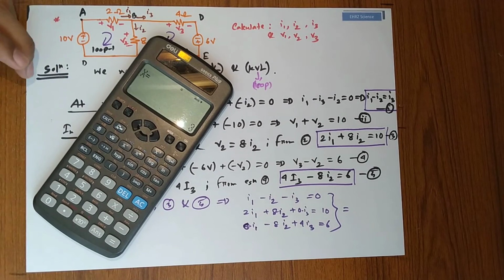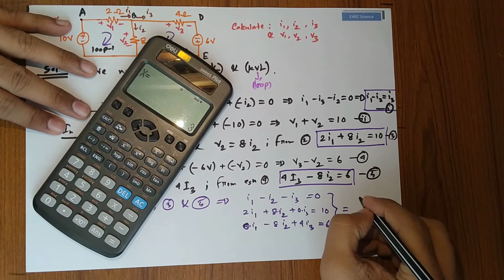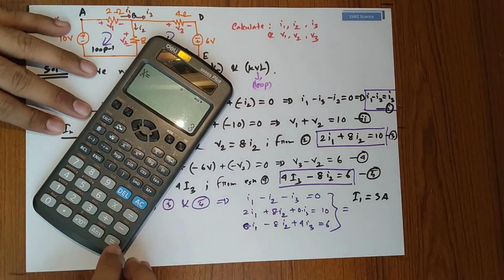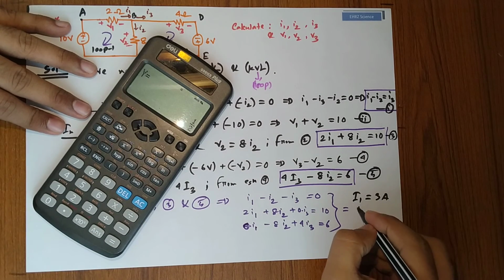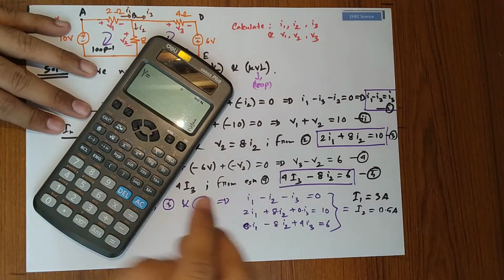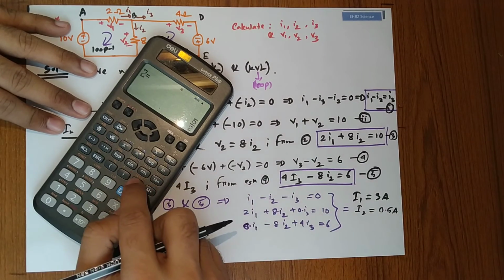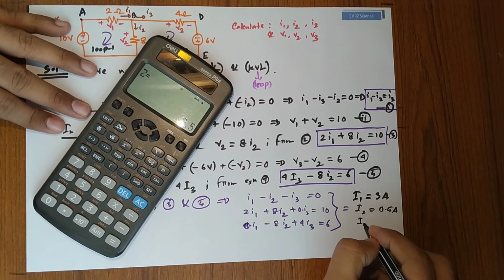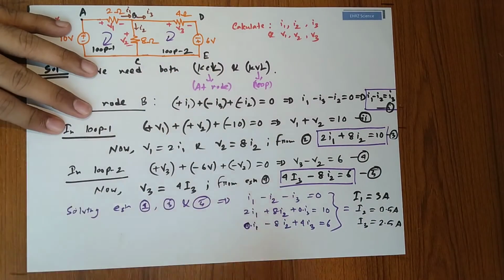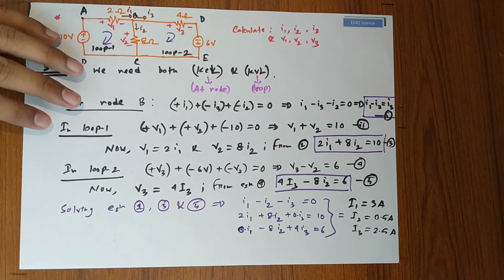So we get that the value of I1 is 3 amps, the value of I2 is 0.5 amps, and the value of I3 is 2.5 amperes.